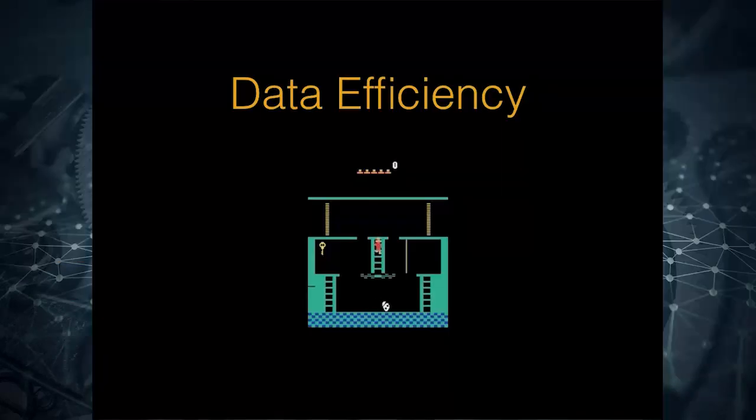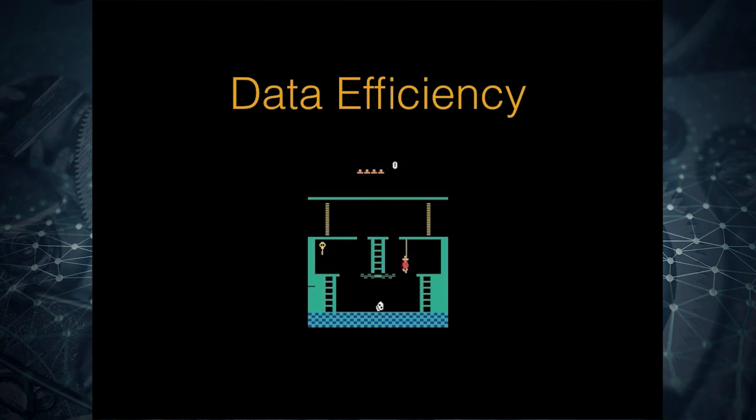So the first one is on data efficiency or sample efficiency. In these games or in any RL problem, say you have a simulator, you're interacting with the simulator. As I already mentioned, RL requires a lot of data.